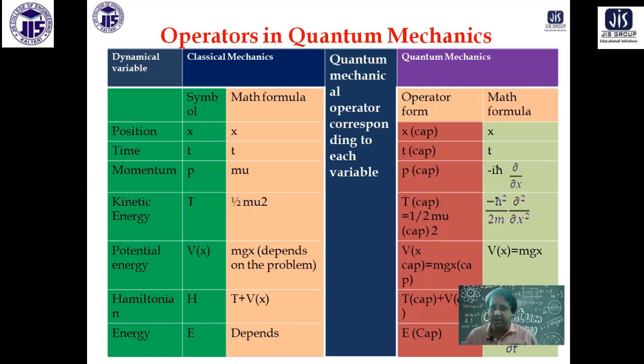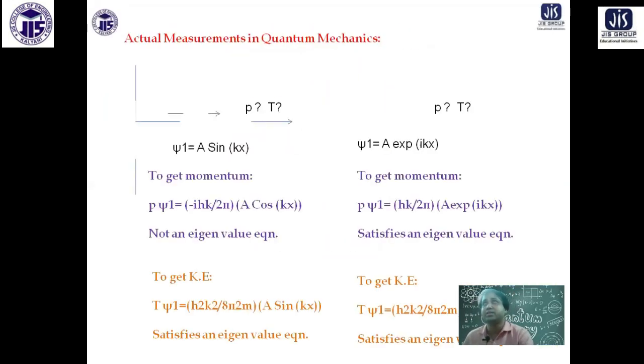The job of the operator is to operate on psi. I have been using the word, you talk with psi as if psi knows everything, okay? And psi will respond. Now, the response of psi is this much. I've shown you two functions here, sine and e to the power function.